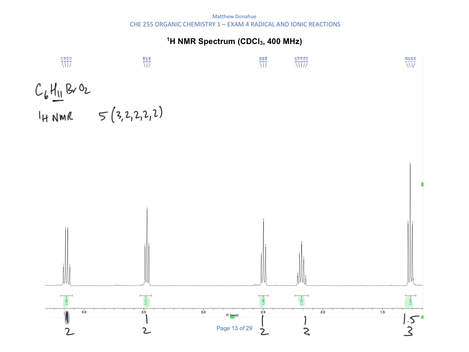And so what now is that telling you? Just convert it to what you know. What are 3 hydrogens? That's this fragment. It's a methyl group. 2 is a methylene, and so you have that a total of 4 times.